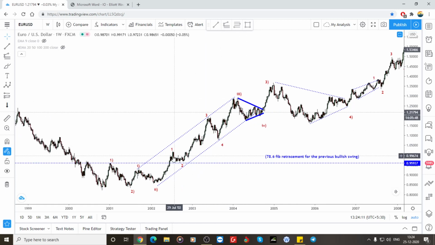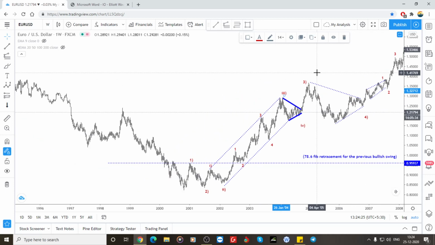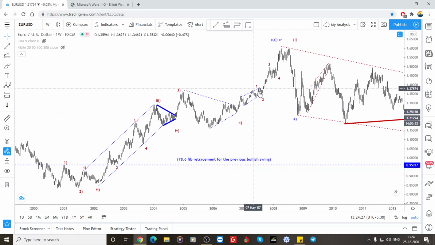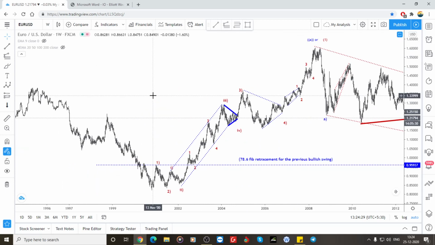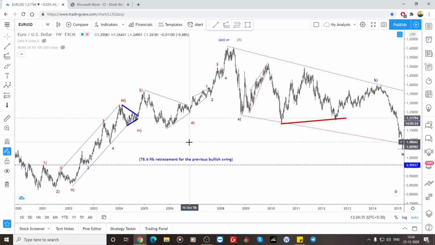So if we connect here also, it will be there. So within the channel, this third wave is also extended. So 1 2, here is the end of the 3, and 4 is a triangle, and here is a 1 2 3 4 5. So it will happen like this in all the forex market, not only in forex as well as stocks.